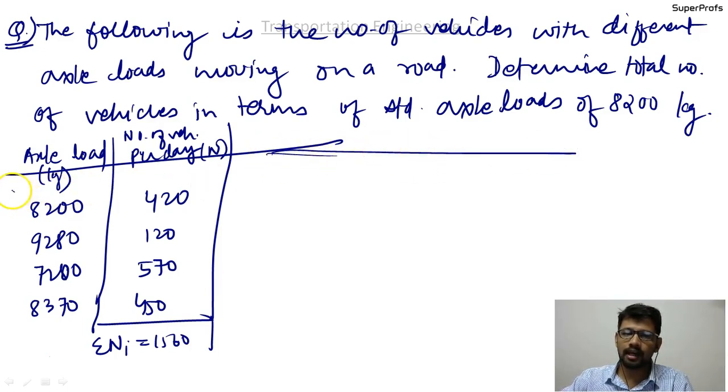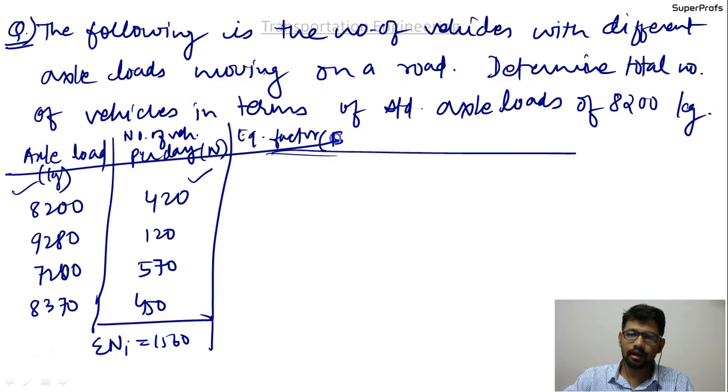These are the actual axle loads and the number of vehicles with so and so axle loads; this is the actual data as we receive it. So the equivalency factor Fi: you apply this formula, 8200 upon 8200 to the power 4, which comes out to be 1.